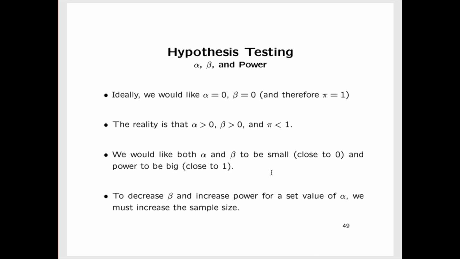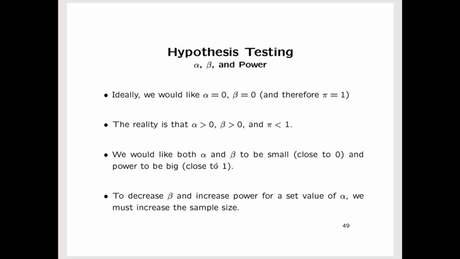And if it's possible, we can get a large enough sample size so that beta can be as small as we'd like. Now, it'll certainly be positive. It won't be zero. But if we can take a large enough sample, we can make sure that we'll have enough power to detect a given treatment difference. And that's the other thing that I need to throw in here.